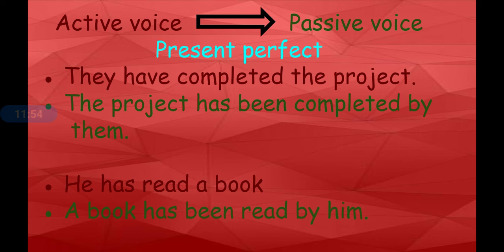And after this, we have to use has or have according to the subject. That is, the project is singular, so I am using has. If it is plural, I have to use have plus been plus past participle form of the verb. This is the way to convert present perfect tense into passive voice. The project has been completed by them.